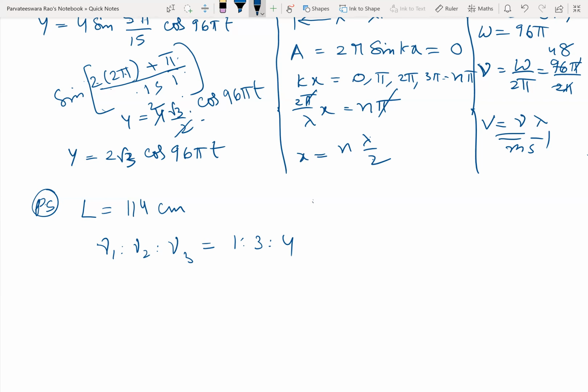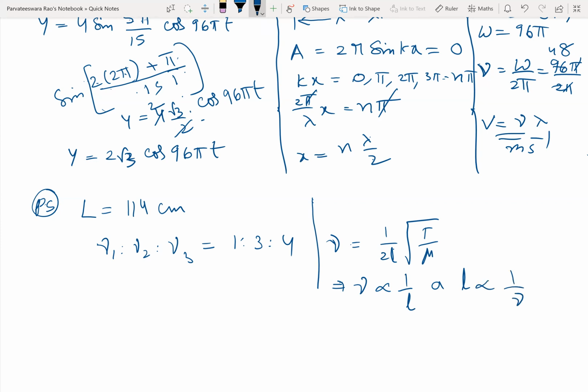I explained one concept. Even I told that this will be used in stringed musical instruments for obtaining resonance. And I gave the formula also. We called the device a sonometer. So frequency is given by 1/2L into root of T by mu. Yes, sir. So from this, nu varies directly as 1/L, or L varies directly as 1/nu.